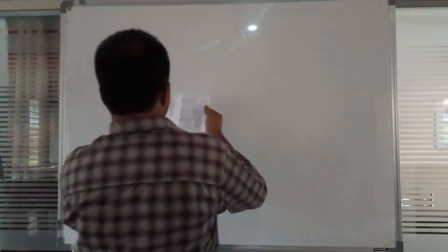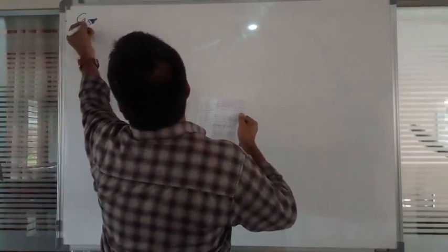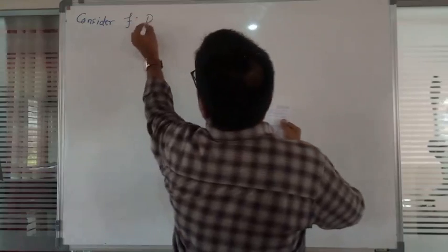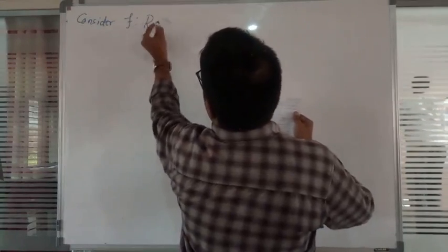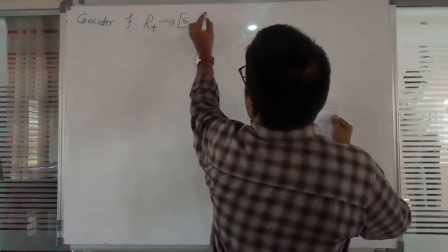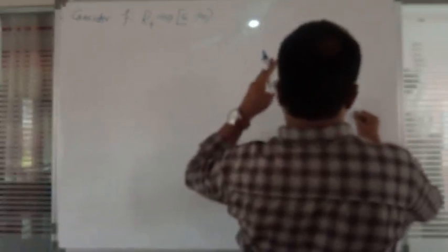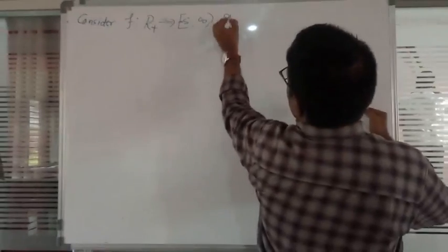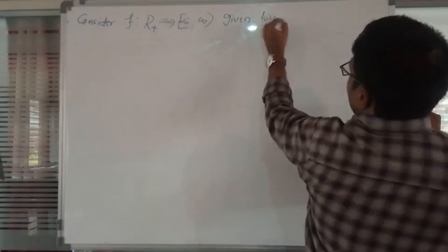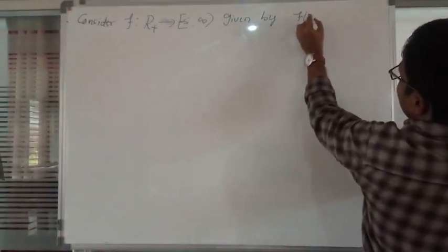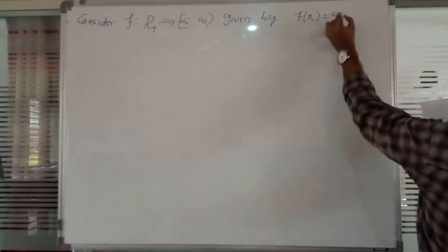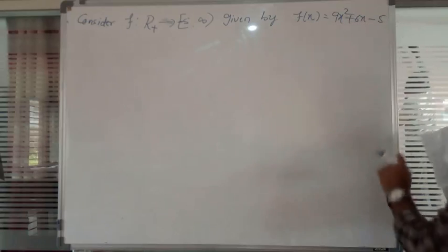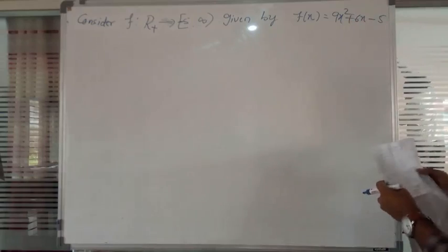Given the quadratic equation, consider f from R plus to minus 5 comma infinity, sorry, there is a minus, so minus 5 comma infinity, given by f of x is equal to 9x square plus 6x minus 5.